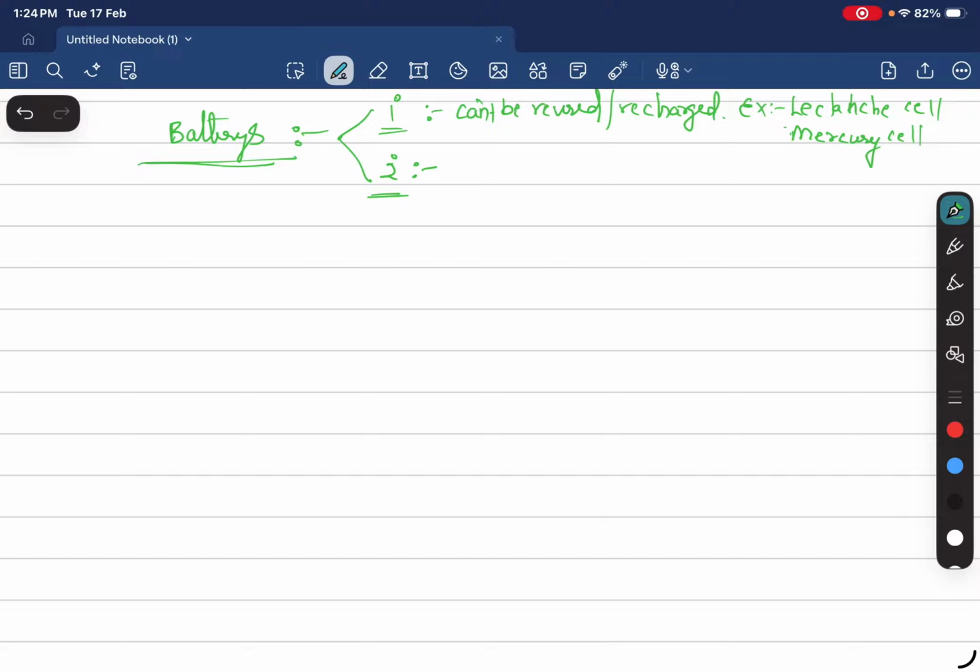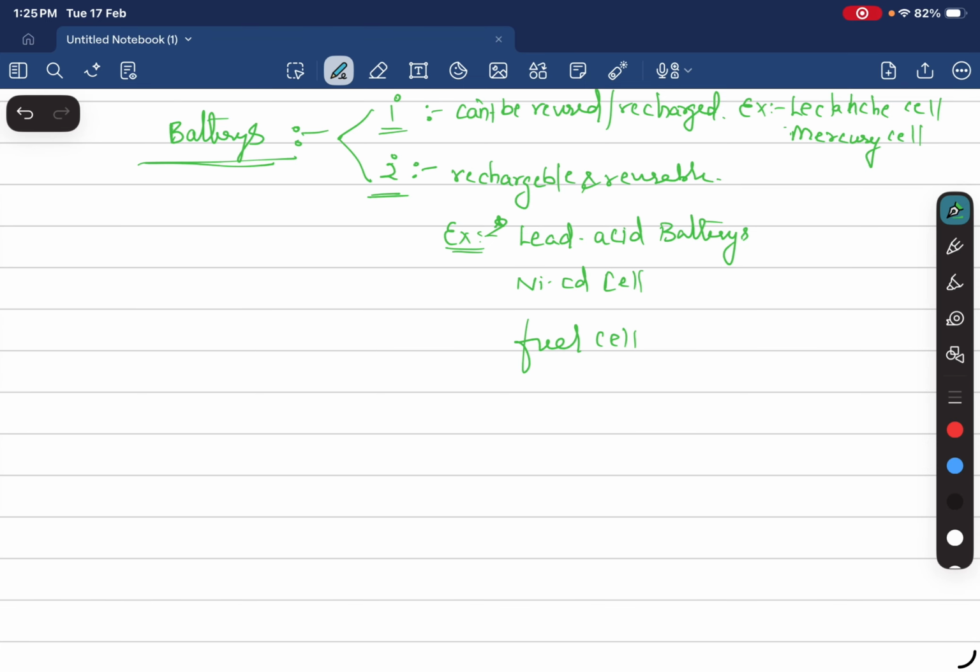Secondary batteries are rechargeable and reusable, like the ones we use in mobiles. Examples for this: lead acid battery, most important. Most of the time questions were asked from this. And nickel cadmium battery and fuel cell, the cell which is used to convert combustion energy directly to electrical energy.